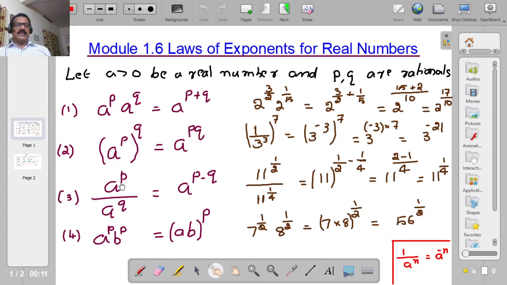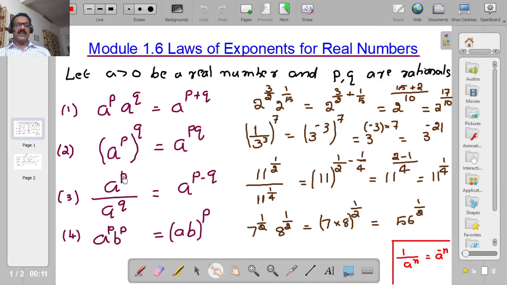Next is a raised to p upon a raised to q. Here a raised to p is the dividend, a raised to q is the divisor.